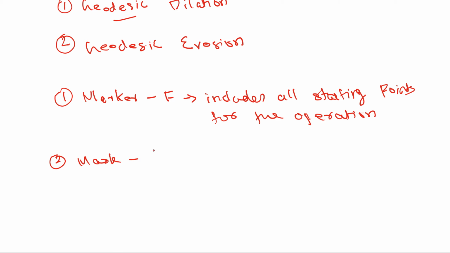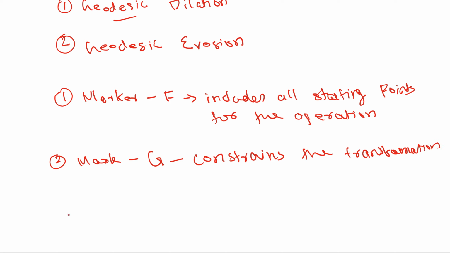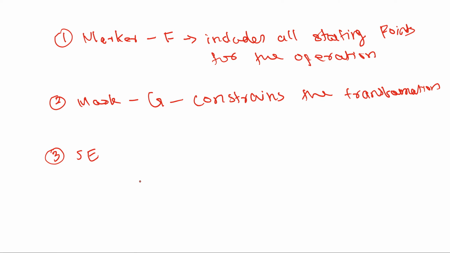We denote it as symbol G, and that is actually constraining the transformation. And the third one is the structuring element, which determines what kind of shape we need to extract out of the image. I will designate this structuring element with the symbol B as usual.